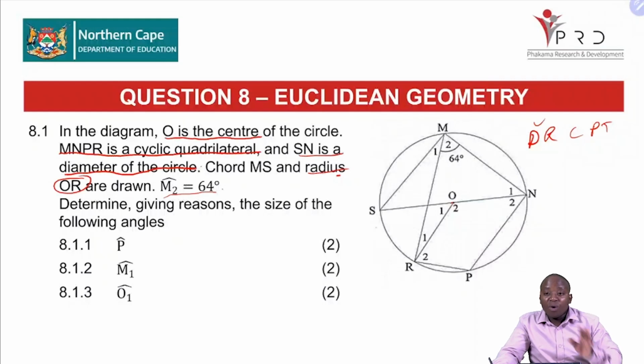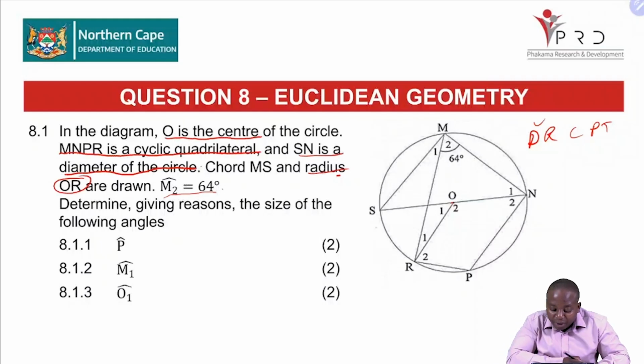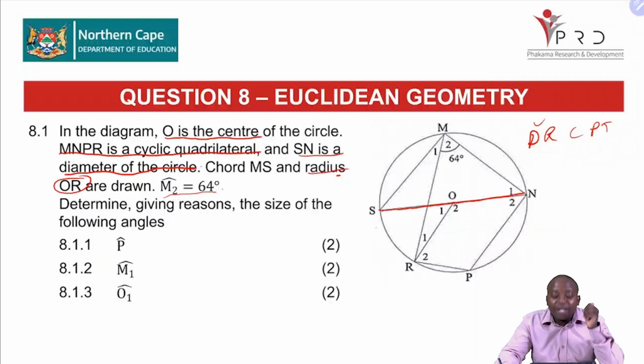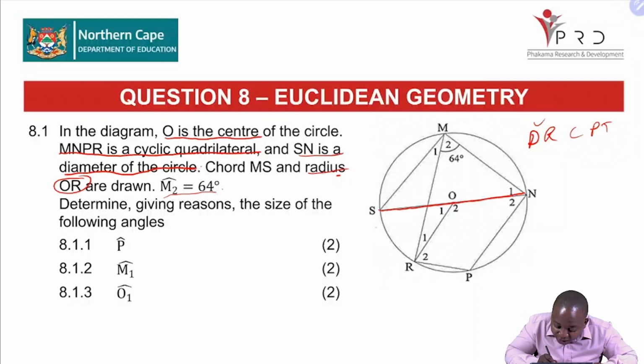Let us now apply our pre-question analysis on our diagram. We are told that SN is a diameter. If SN is a diameter, I'm expecting the angle in a semicircle. We can see that on that diameter, I can form a nice triangle.